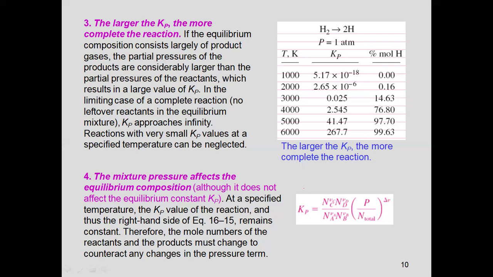So let me write here: if Kp is greater than 1000, or basically the natural log of Kp, that is the tabulated value, is greater than 7, it is usually assumed to proceed to completion.